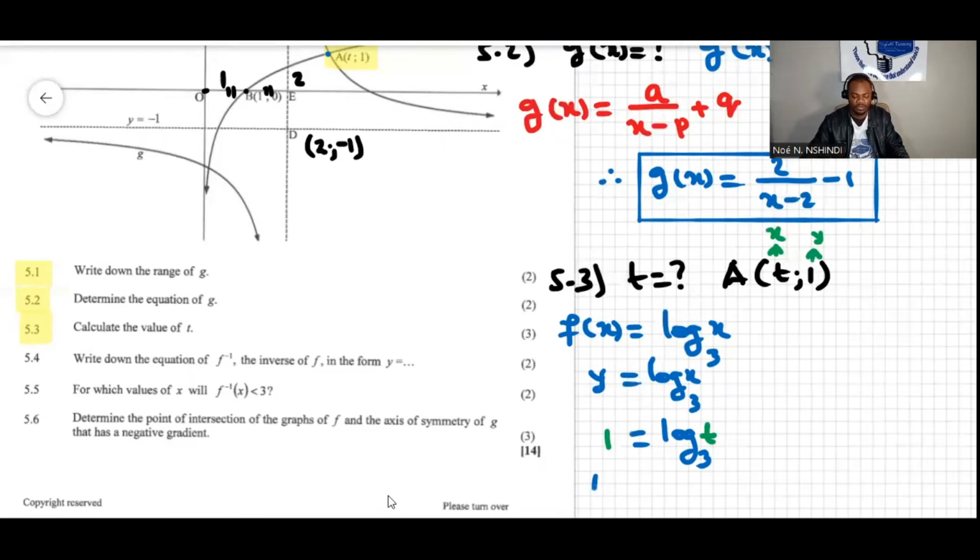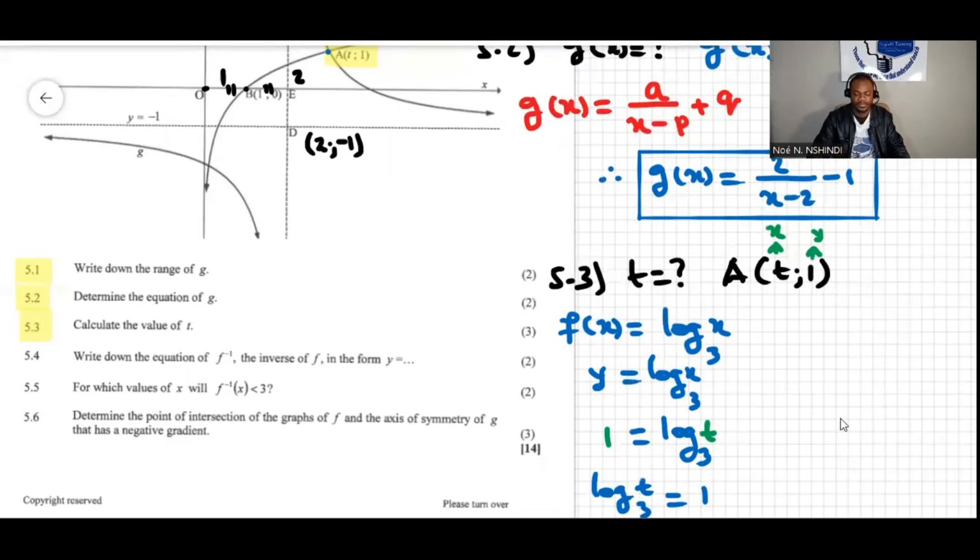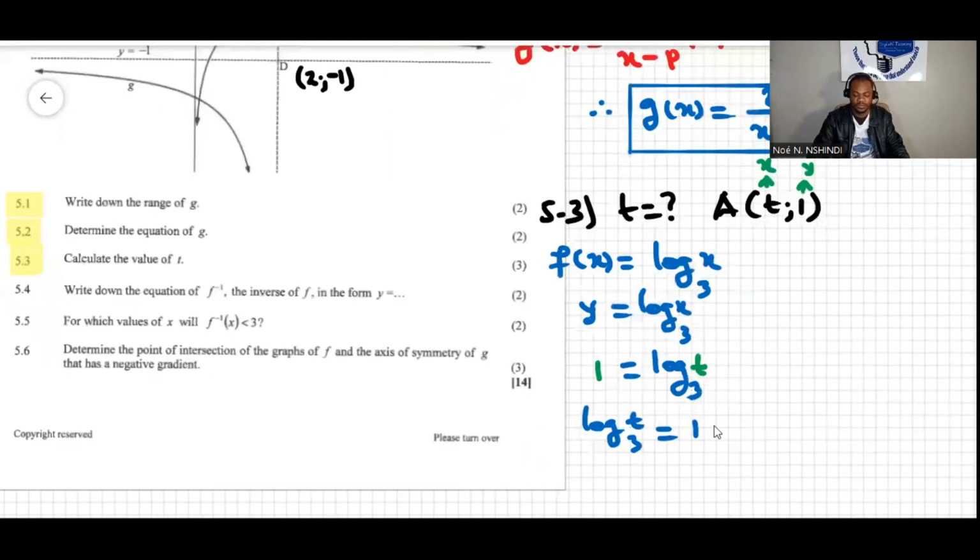It's like log of t base 3 equal to 1, and this is possible if t is 3. According to the log formulas, this will be t equal to 3 to the power of 1, which means t equal to 3.